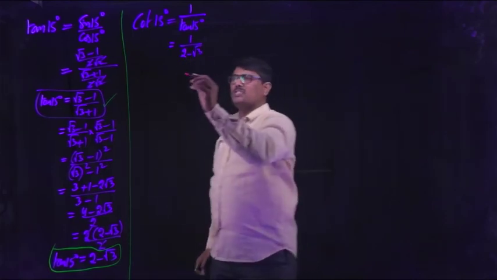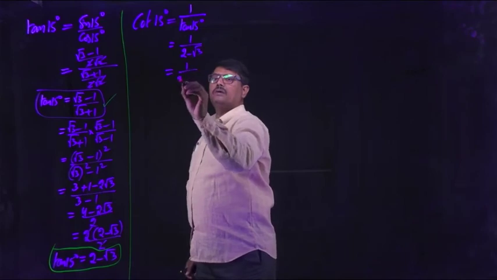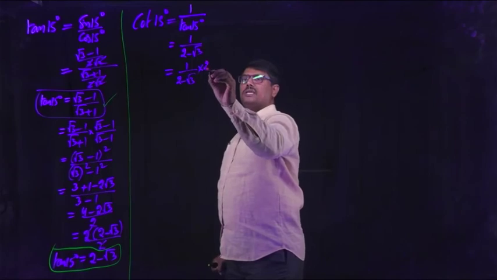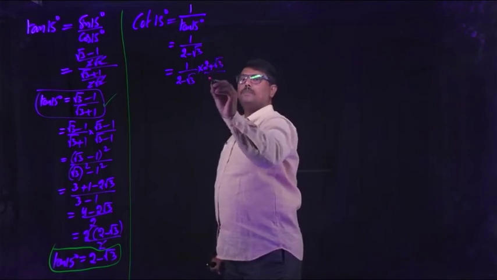So again I am rationalizing the denominator 2 minus root 3. The rationalizing factor of 2 minus root 3 is 2 plus root 3 by 2 plus root 3.